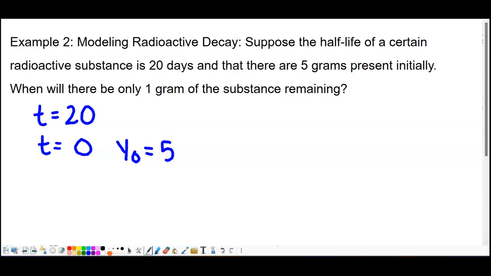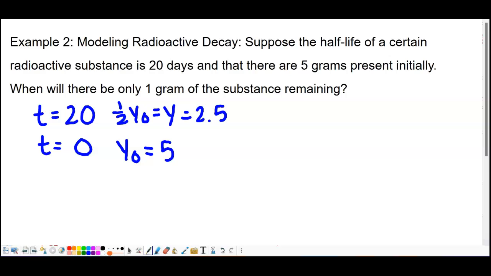So if the half-life is at day 20, then we know that half of y naught would be my y value at day 20, which means that this is 2.5. So I kind of have 2 ordered pairs. I have (0, 5) and (20, 2.5).